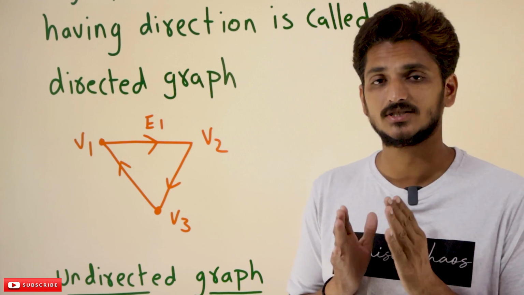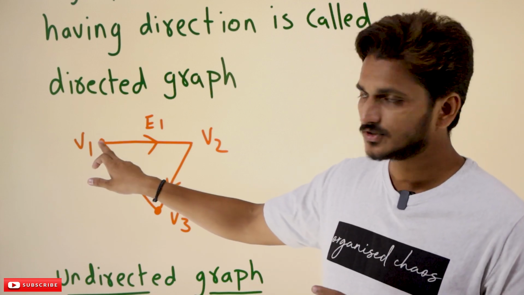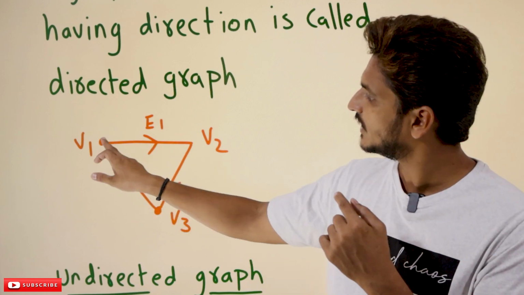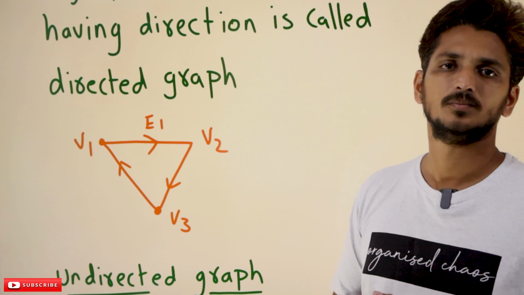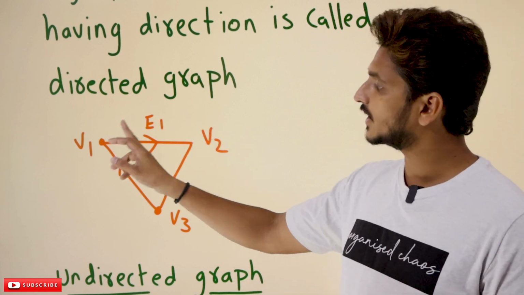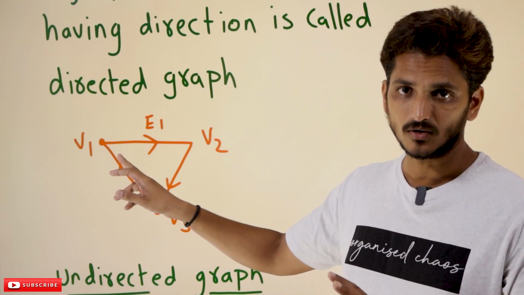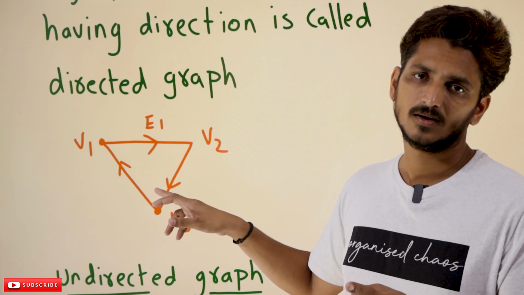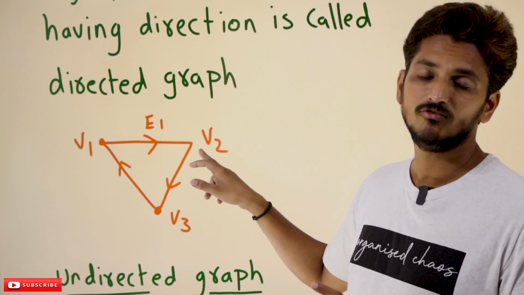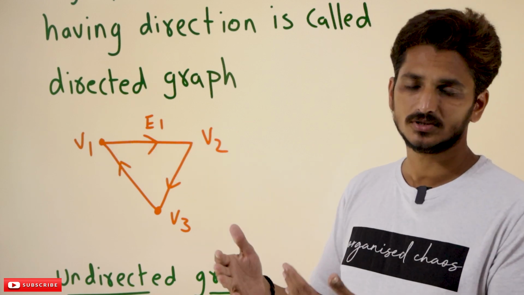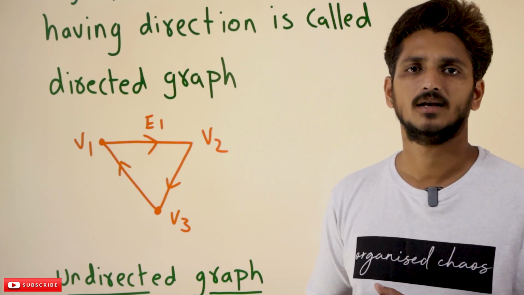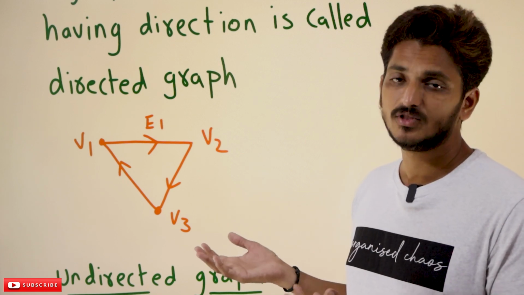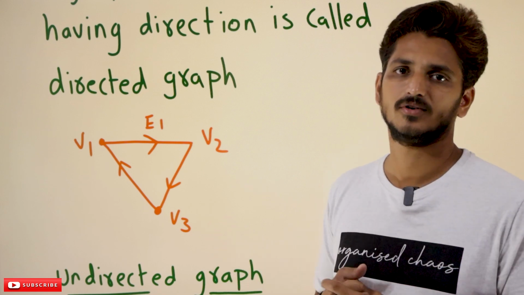Direction means V1 and V2 are connected in only one direction. V1 is connected to V2. It's not that V2 is connected to V1. No, it is not allowed because this edge is showing direction. It means it is connected one way. Whatever direction it shows, that is the way it is connected. If these types of edges are available in our graph, then we say it is a directed graph.